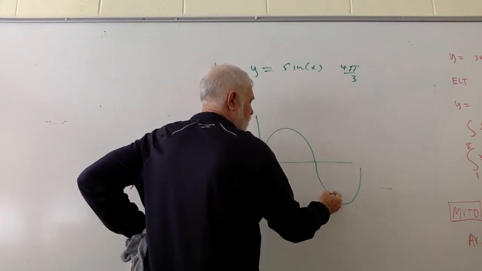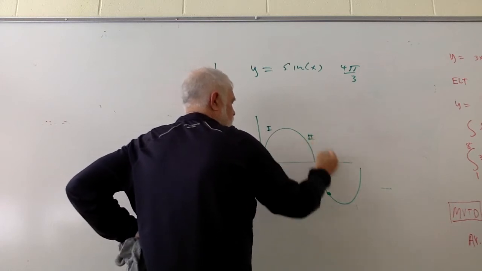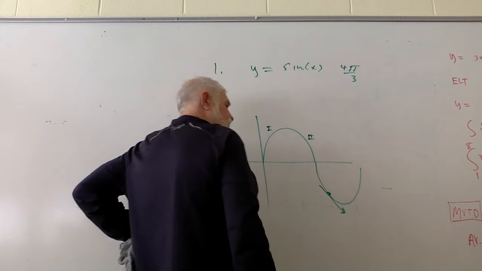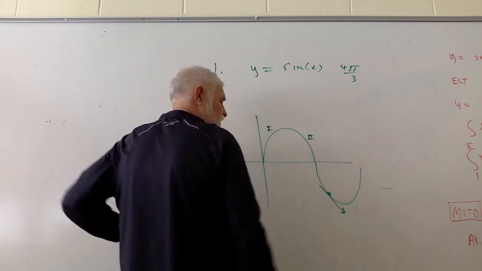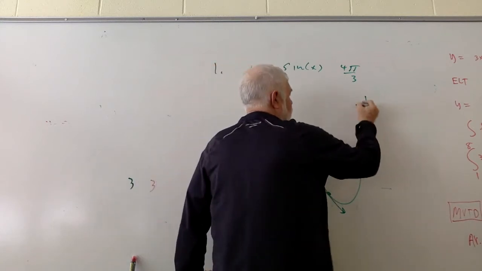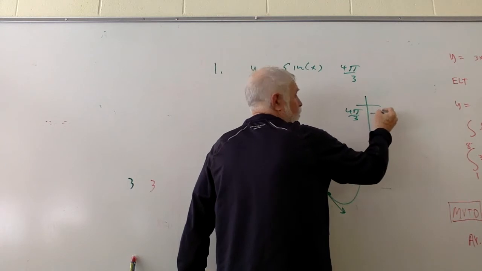It's right about there. Right? This is the first 90, that's the second, that's the third, and then the fourth. So we're looking at rate of change at that instant, as is indicated by the slope of the tangent line, which means that at 4 pi over 3, in a moment, we're going to see that that's negative root 3 over 2.